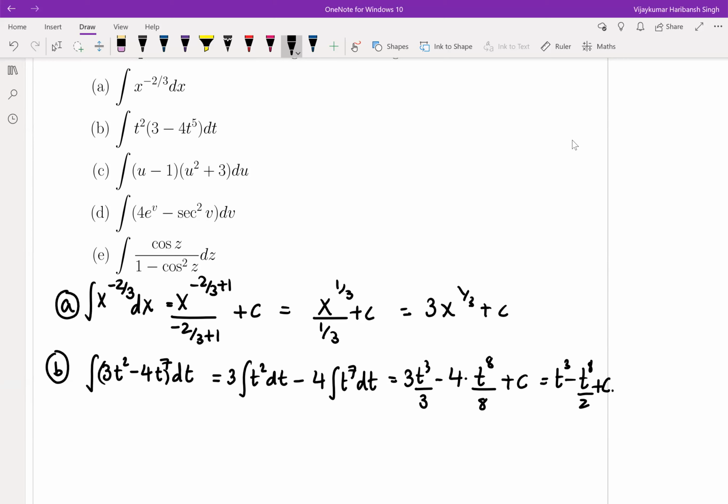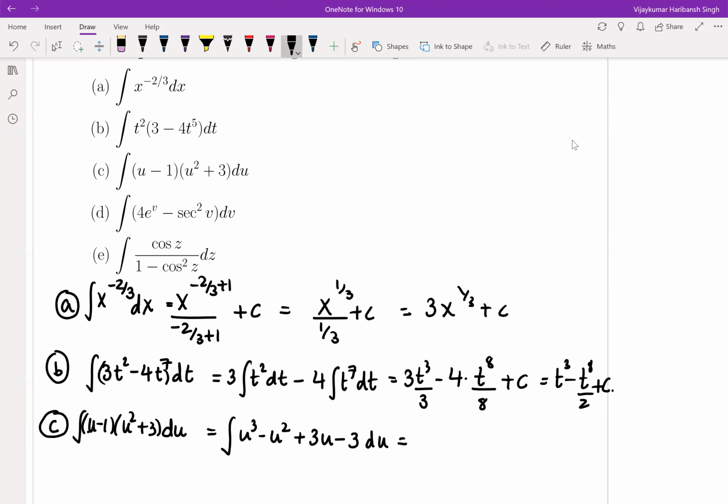Now let's look at the next problem, c. In this case, we have to multiply it out first and then take the integral. Because there's no product rule, at least for now, for the integrals, right? So if you multiply it out, this guy multiplies with both of them, so you get u cubed minus u square, then you multiply with 3, so plus 3u minus 3 du.